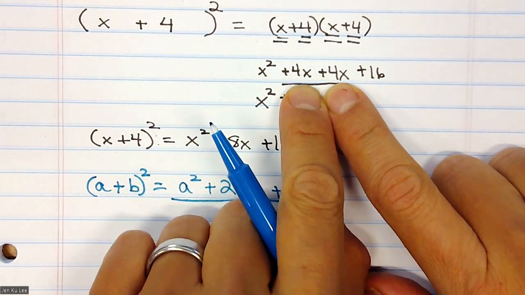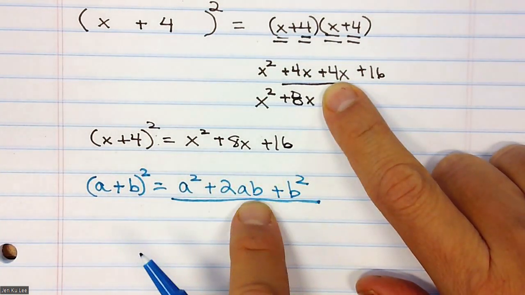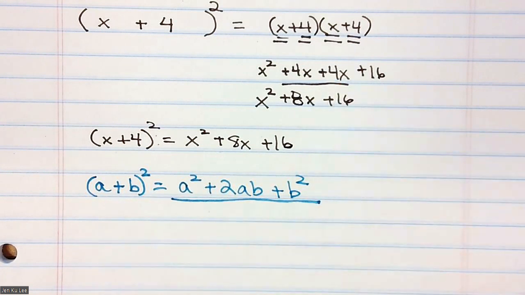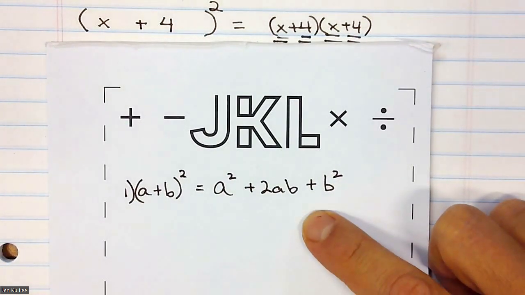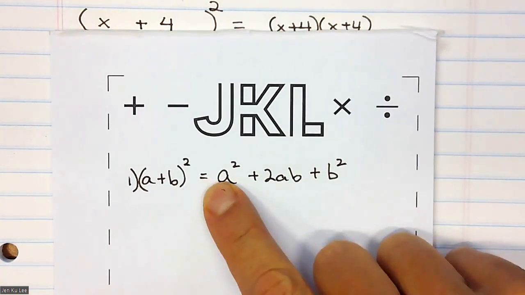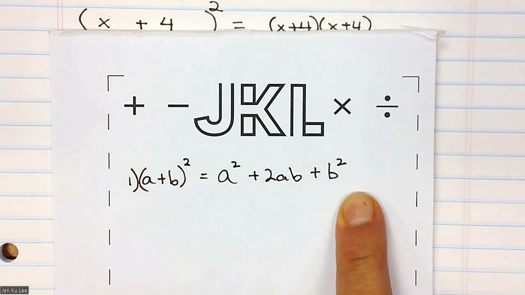And since we got 2 of them, it says 2 times a times b. Okay? Does that make sense? So that is my first special form. A plus b quantity squared equals a squared plus 2ab plus b squared. Okay? That's my first one. We're good.